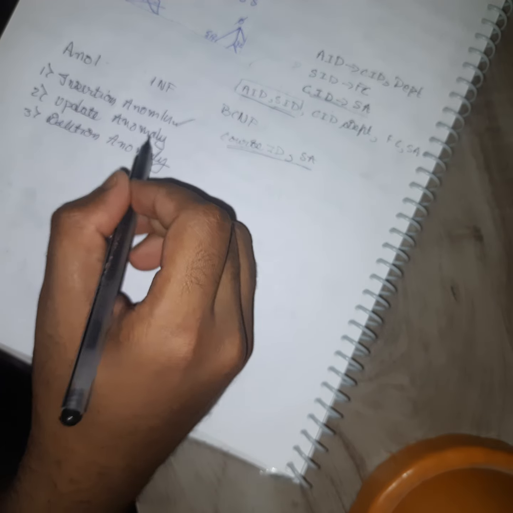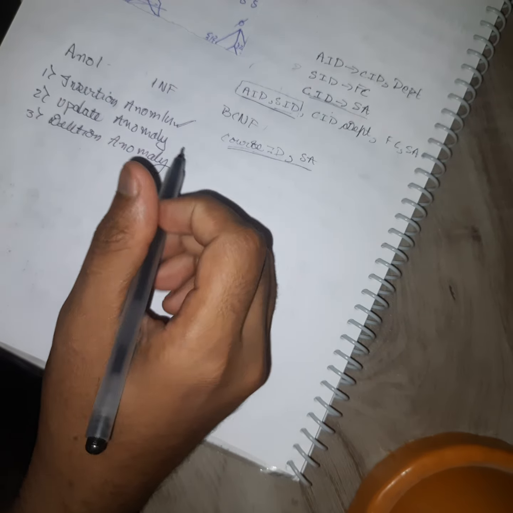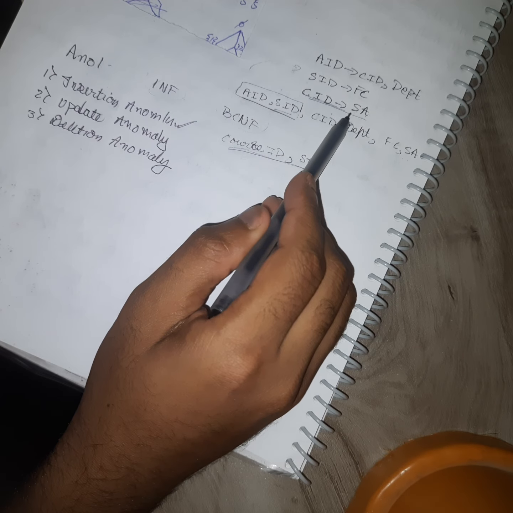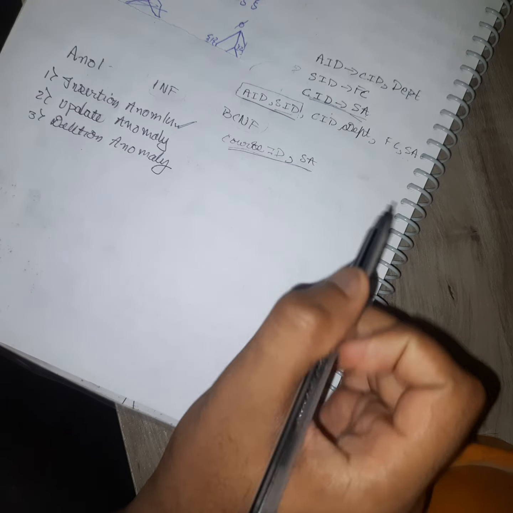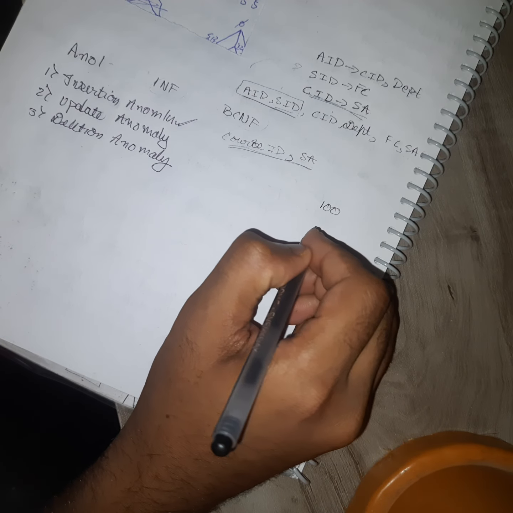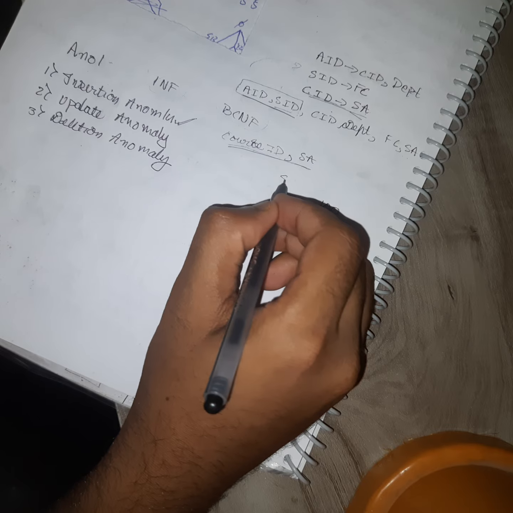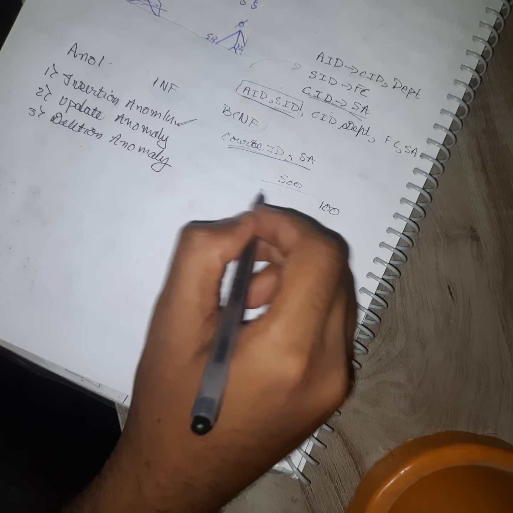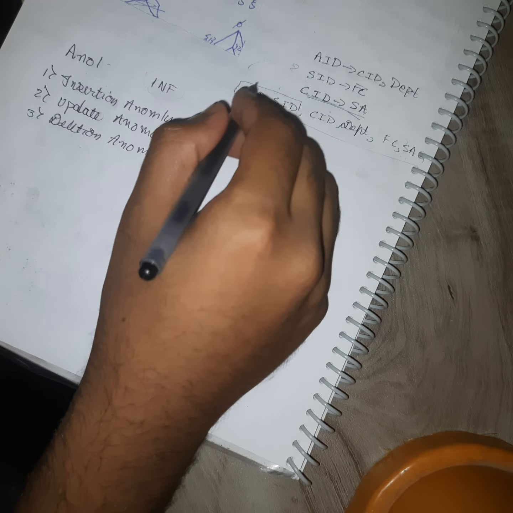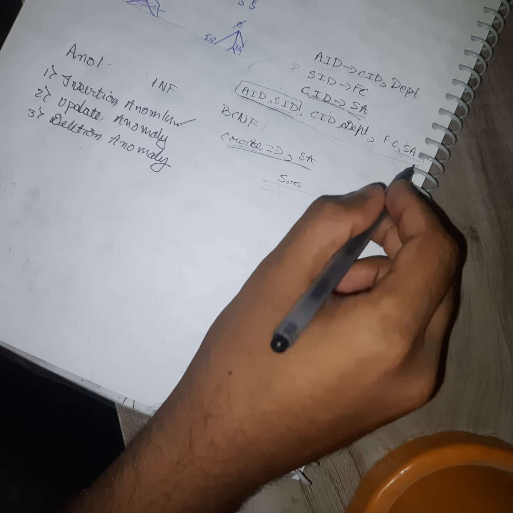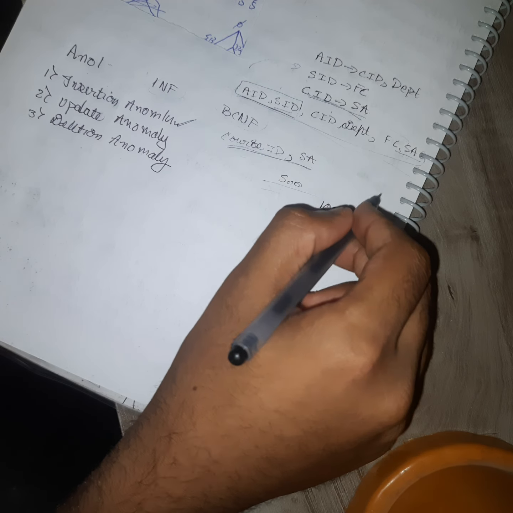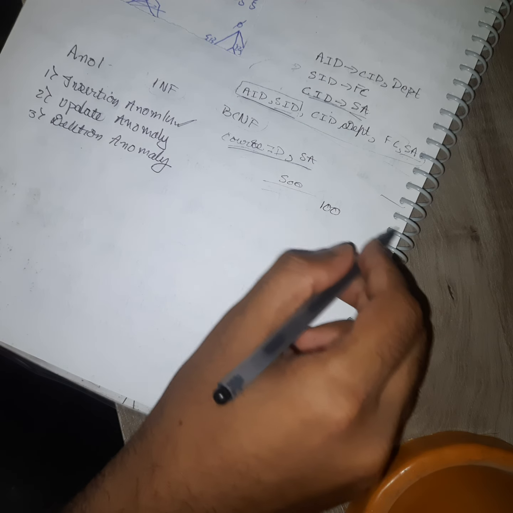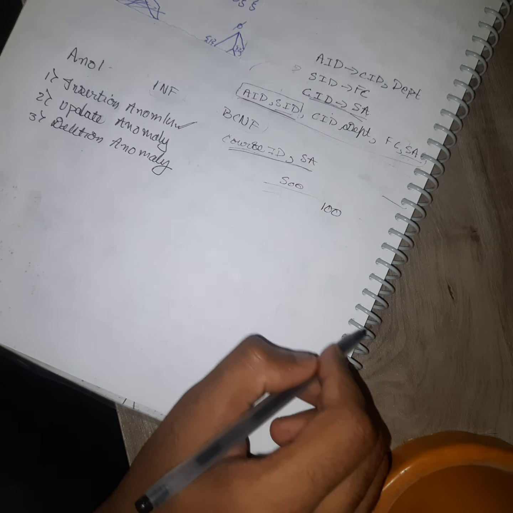Okay, next is update anomaly. Think like for this student you give a scholarship amount of 100. Okay, and there are 500 students, you give to all separately because all are in one table only, right? You give this student 500, this student 500, these two 100, and you give 100 for everyone.